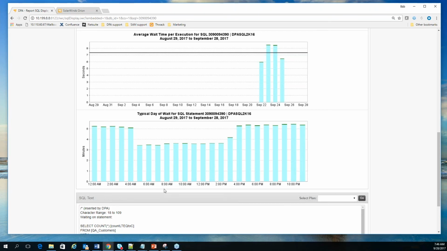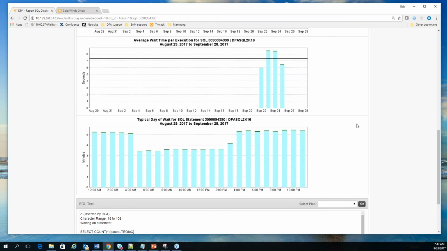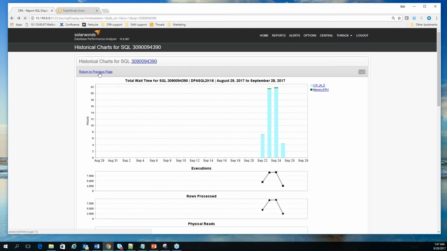So I'd expect to see it ramp up around 7 or 8 a.m., maybe peak sometime midday, maybe have a couple peaks because of lunchtime and stuff, and then taper off toward the evening hours. So this gives you an idea of how this SQL statement is being used or called within your environment, like when it's most active. So very helpful as well, just to get that profile.